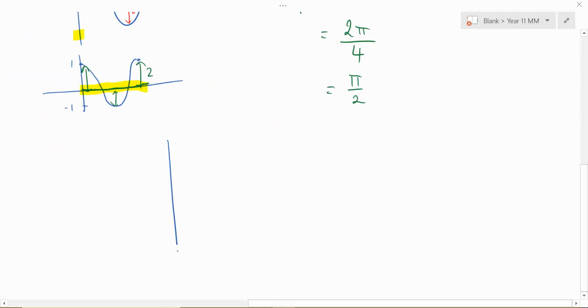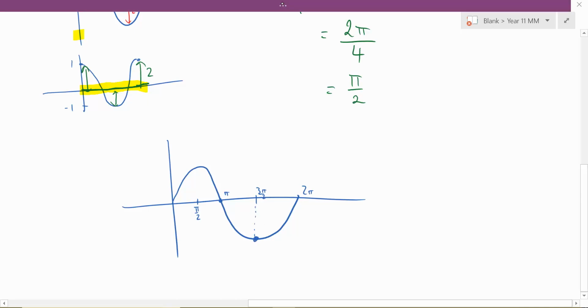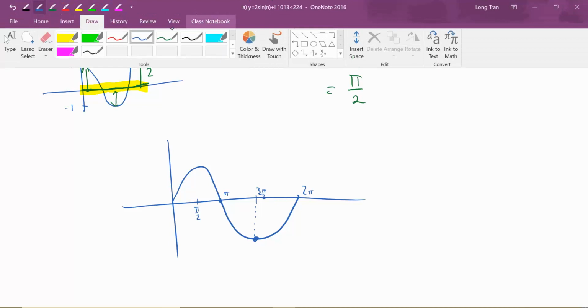when we draw a sine graph, because it's easier to see, this is pi, this is 3 pi on 2, and that's 2 pi, right? What you can see is you have these special points, which I'm going to color in red.